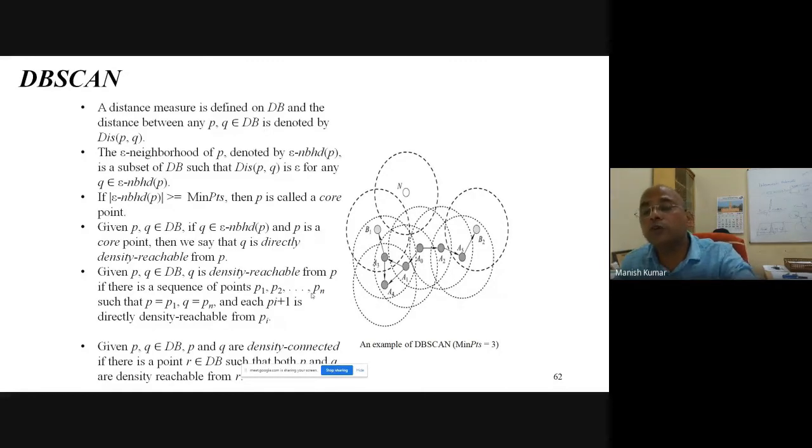So from B1 you reach B2, which means B1 and B2 will be part of the same cluster by virtue of density reachability, because all these points are densely reachable to each other. That is what we explain here. And this dotted line, this arbitrary shape you look at, this whole shape will be one cluster out of your data.